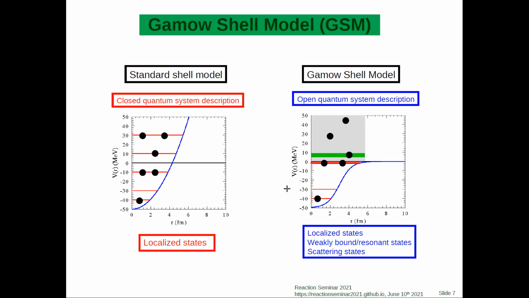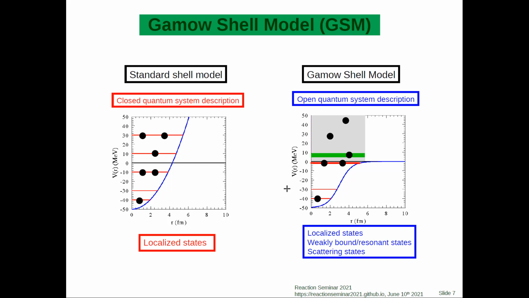So that at this level, when we have a basis generated by the Woods-Saxon potential, the Berggren basis, and it is discretized, it becomes formally identical to standard shell model, because we build Slater determinants, we calculate one-body and two-body matrix elements, we obtain a complex symmetric matrix, which then has to be diagonalized.